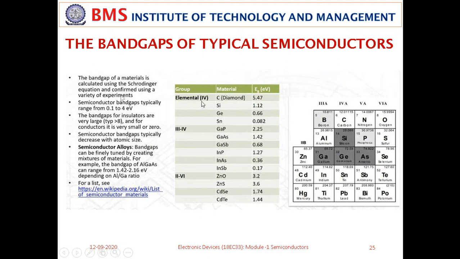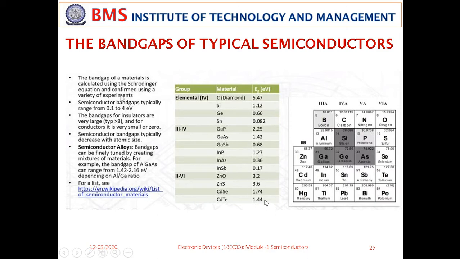We discussed band gaps of column 4 elemental semiconductors, column 3 and column 4 compound semiconductors, and column 2 and column 6 compound semiconductors. You can observe a variety of band gaps. Band gap decides the characteristics of a material, whether it behaves as a conductor, insulator or semiconductor.